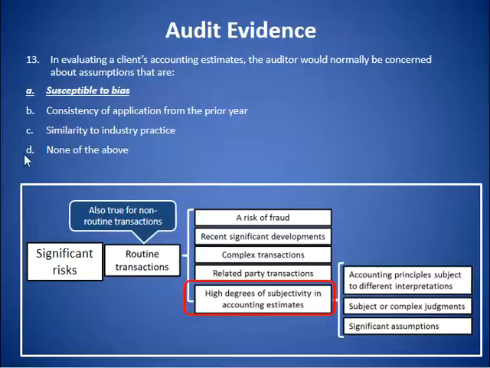And if we take a look at significant risks when we're evaluating audit evidence, we can take a look at routine transactions as an example, and we can see that under that one of the risks in terms of significant risk are a high degree of subjectivity in accounting estimates. So with that then, let's take a look at question number 14.